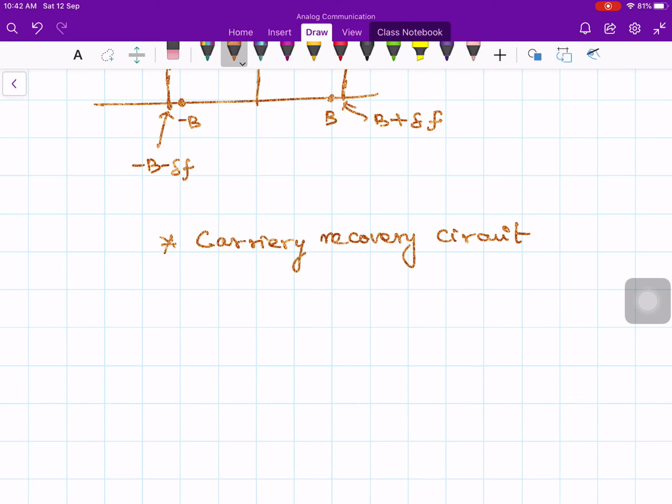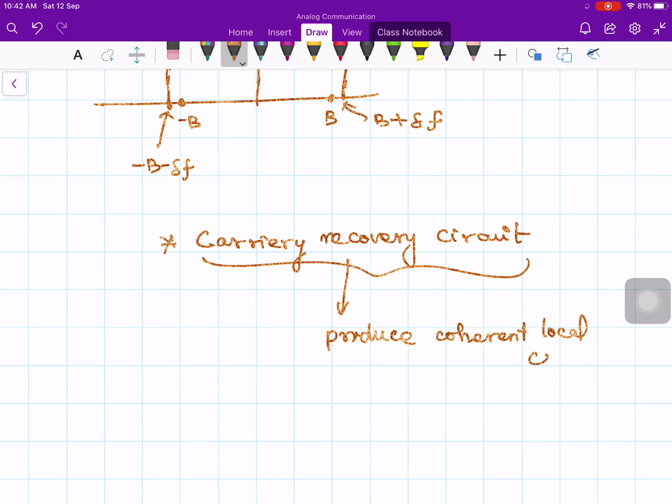Now you can ask a question, what will this carrier recovery circuit do? It produces a coherent local carrier. The purpose of this carrier recovery circuit, an electronic circuit, is to produce a coherent local carrier.